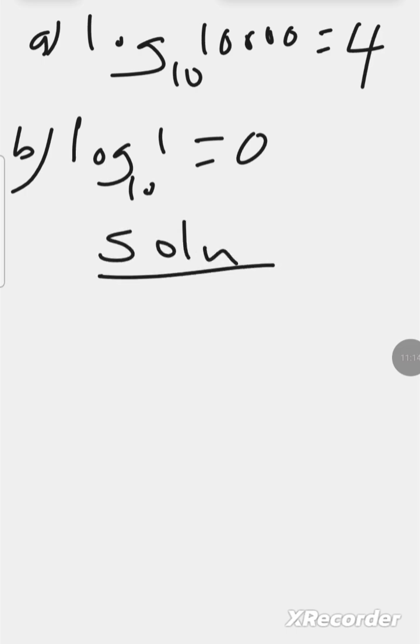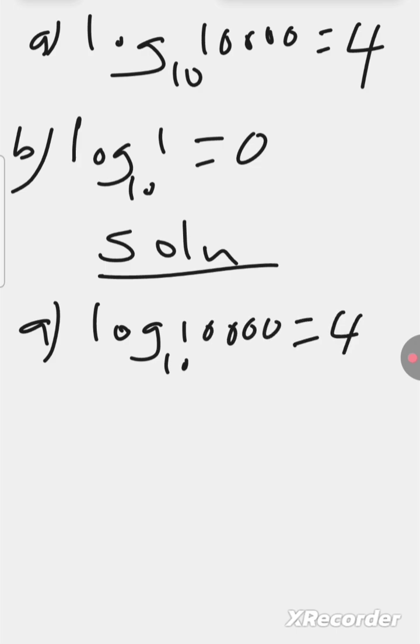Solution to A, the logarithm to base 10 of 10,000 is equal to 4, then we say that 4 is our power or index.